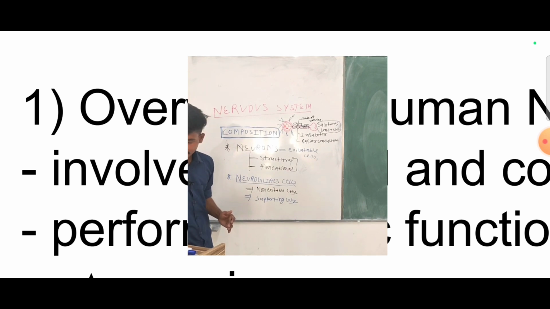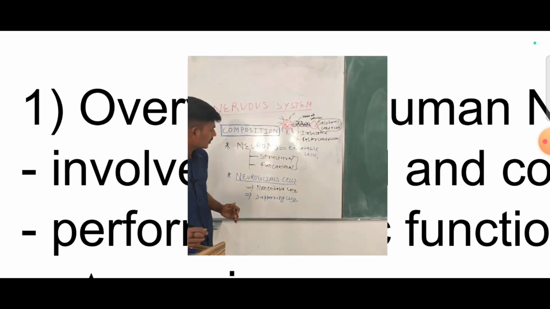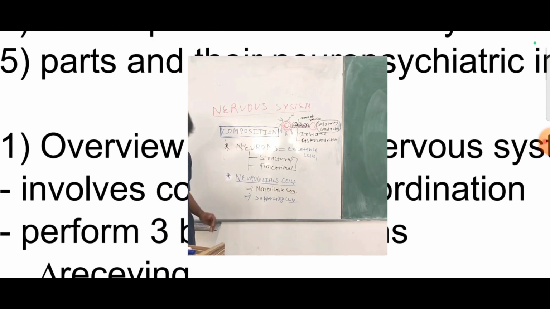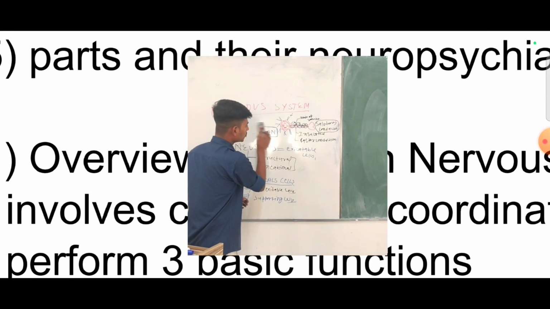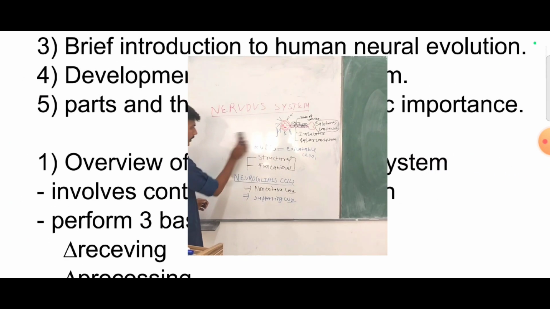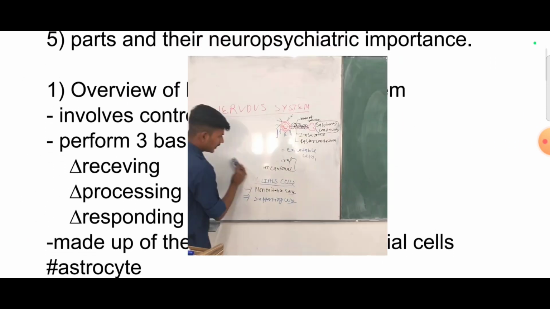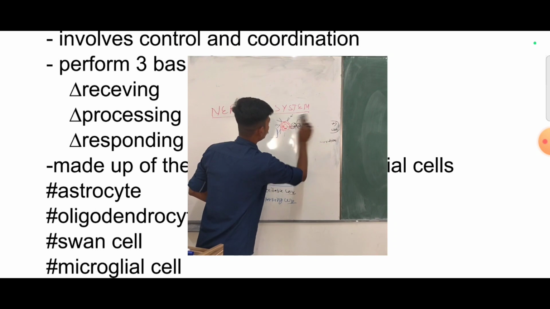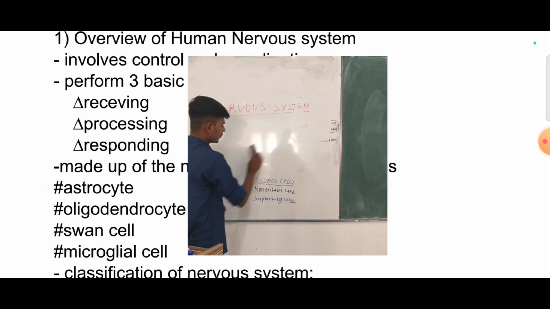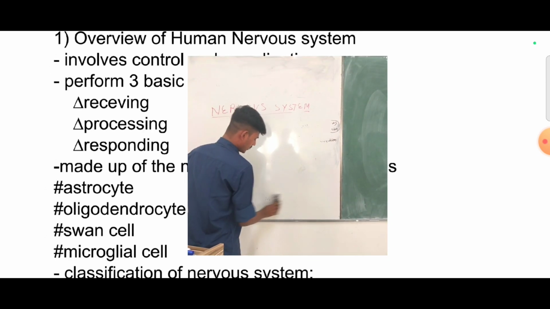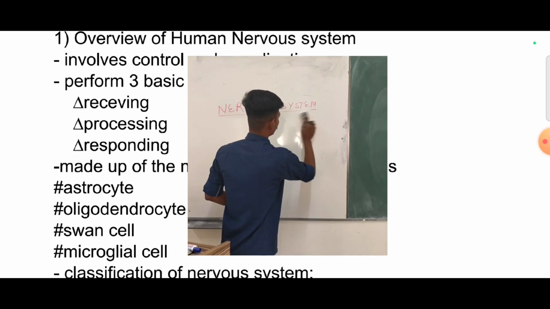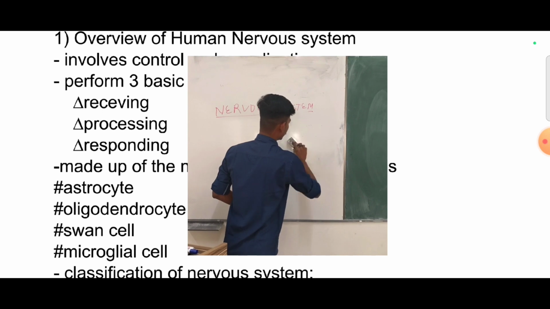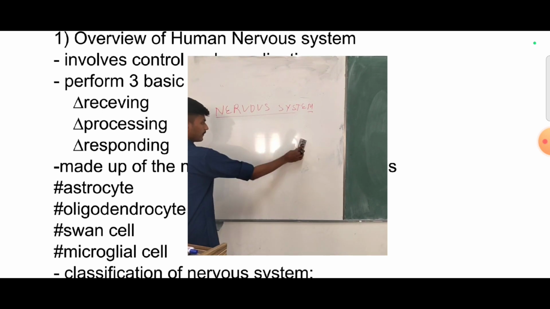Now, after understanding the composition of the central nervous system, we will look into some of the terms related to the nervous system, because if I clear them initially, it will help us understand the lecture deeply and perfectly.